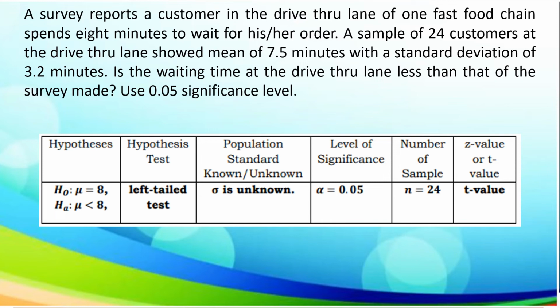The hypothesis test that will be used is a left-tail test, since the alternative hypothesis shows the less than symbol. Population standard deviation here is unknown, and the level of significance is 0.05. The sample is 24, and since the population standard deviation is unknown, we're going to use the t-value.